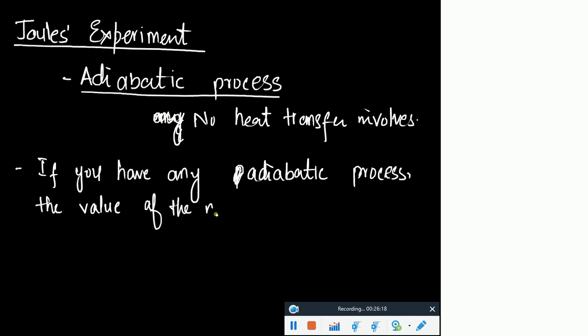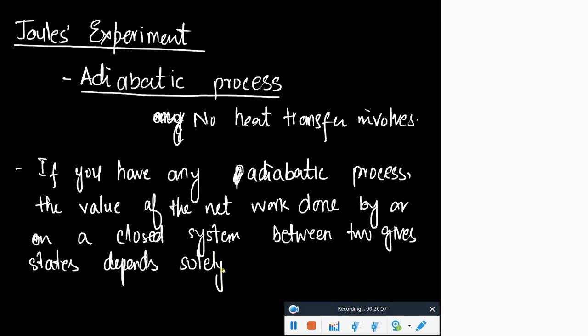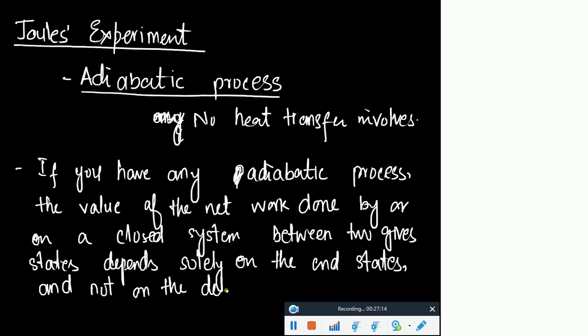The value of the net work done by or on a closed system between two given states, I hope you understand what I mean by states, the points which I mark by 1 and 2, we have talked about that in detail, between two given states depends solely on the end states and not on the details of the adiabatic process.